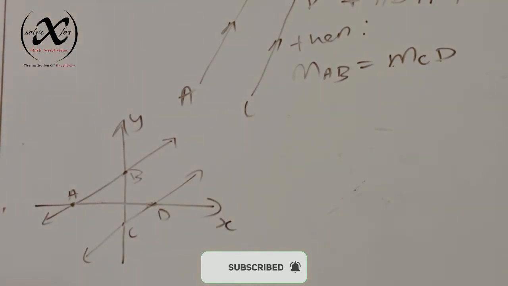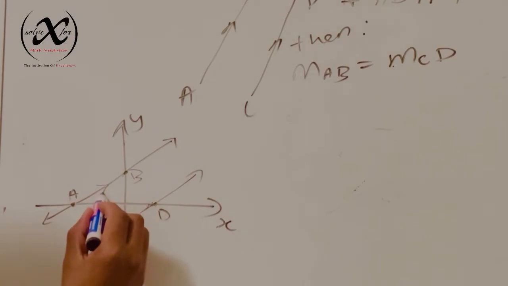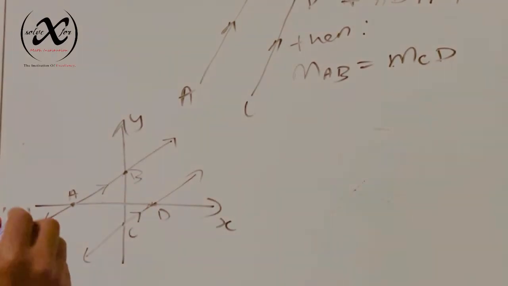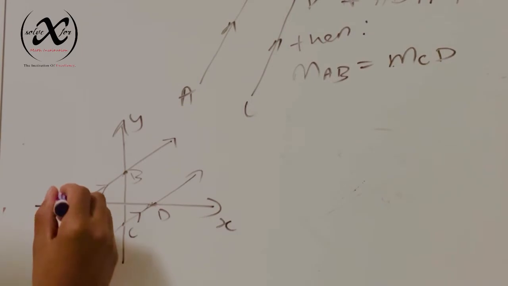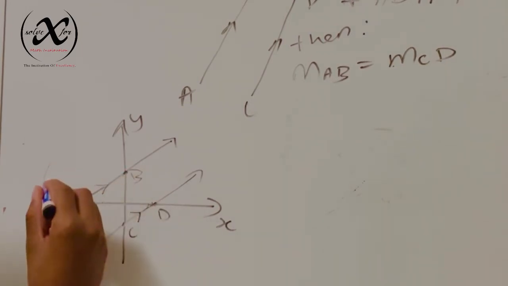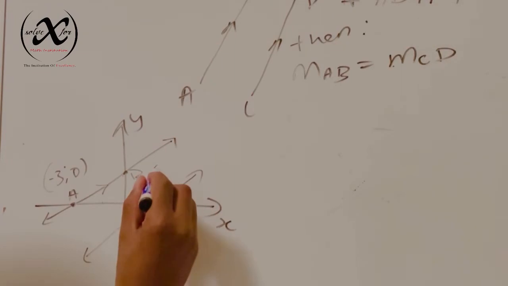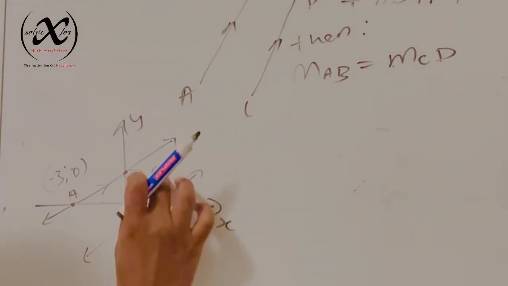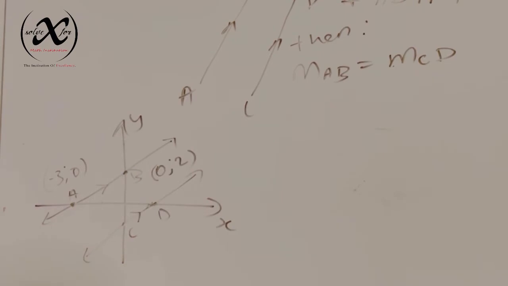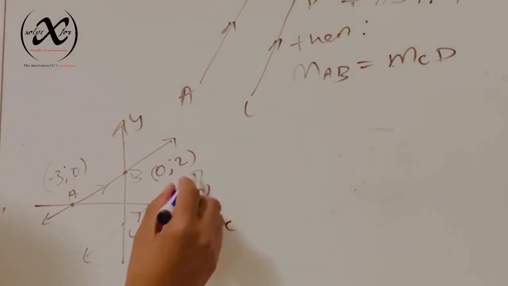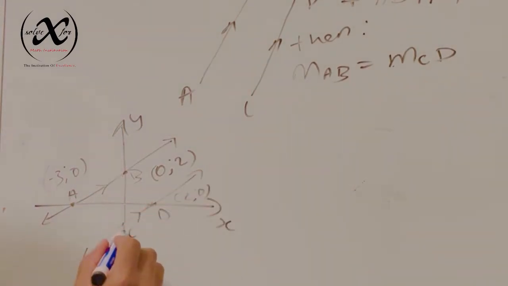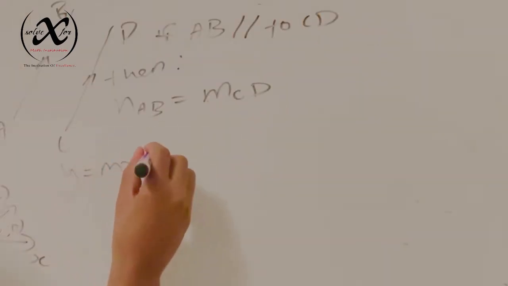If you are told that this line is parallel to this line, and you are given the coordinates of A being -3 and 0, coordinates of B being 0 and 2, and here you are given point D as 2 and 0, then the question is, find the equation of line CD in the form y equals mx plus c.